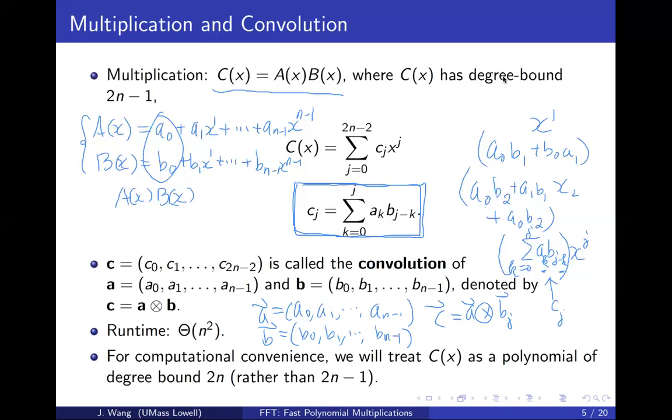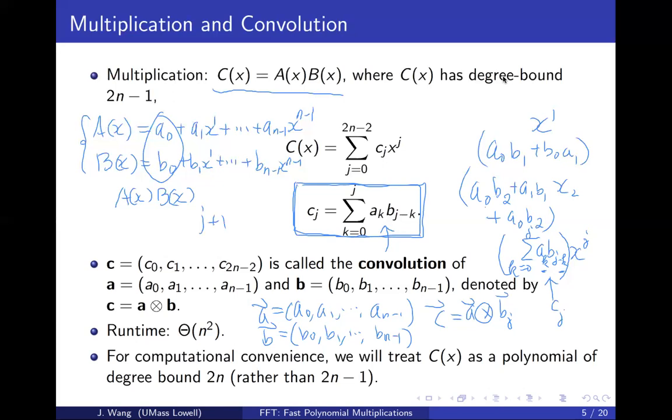Okay, so how many operations do we get by multiplying Ax and Bx directly in this way? For each j, we have j plus 1 multiplications because k is from 0 to j.